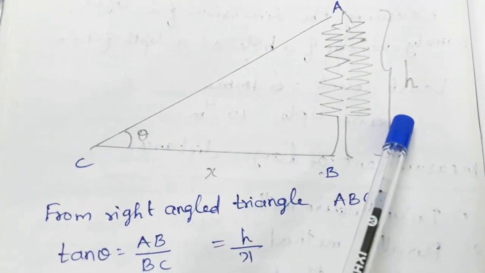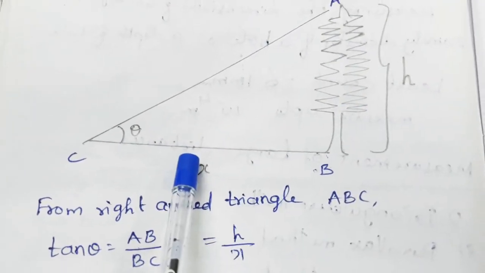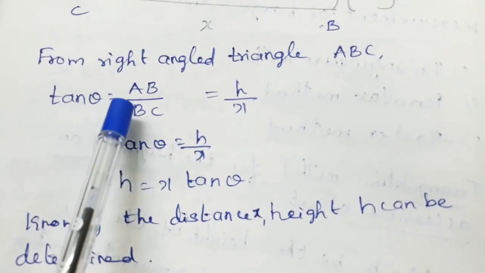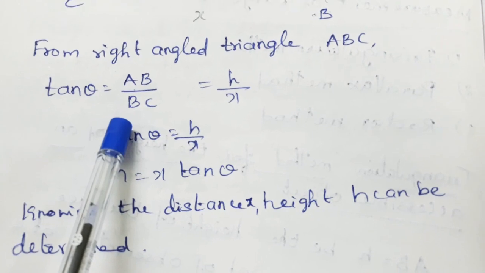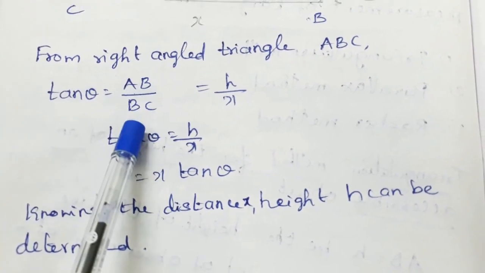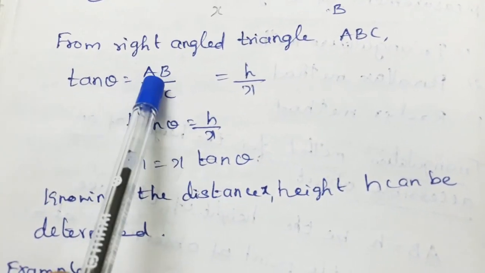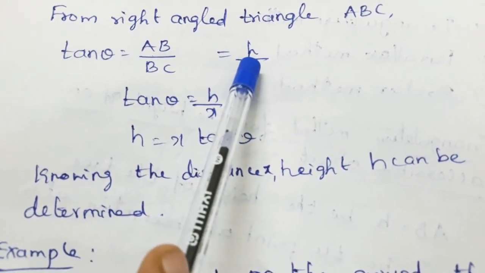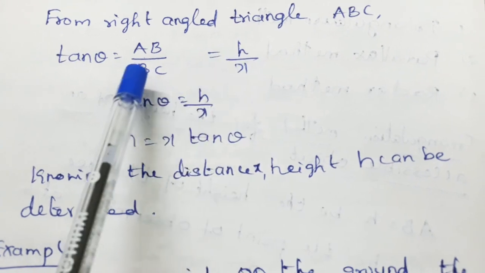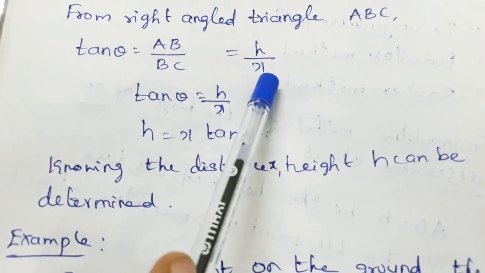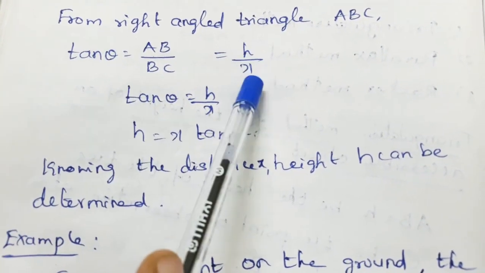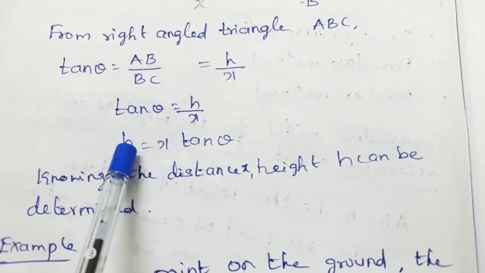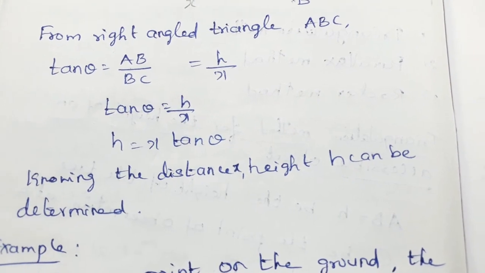Opposite side is AB, adjacent side is BC. So tan theta is equal to AB by BC. AB is equal to H, the height of the tree, and BC equal to X. So tan theta is equal to H by X. From this, H is equal to X into tan theta.